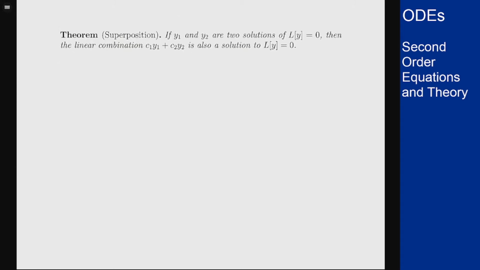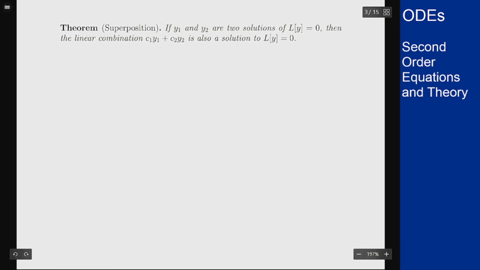For linear equations, we have the idea of superposition, which is that if I have two different solutions to a homogeneous equation, L of y, the left-hand side of the equation, equaling 0, then the linear combination c1y1 plus c2y2 also satisfies the same thing.